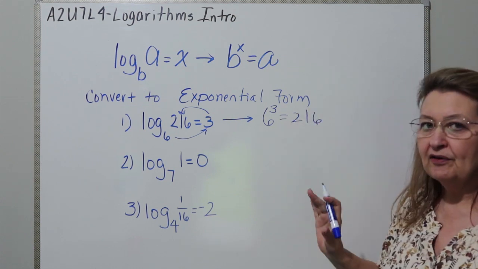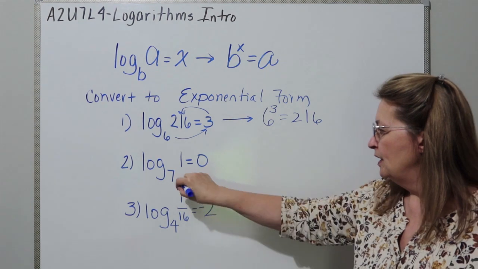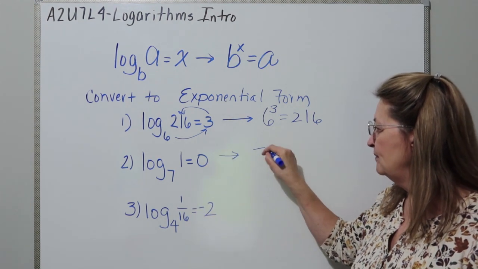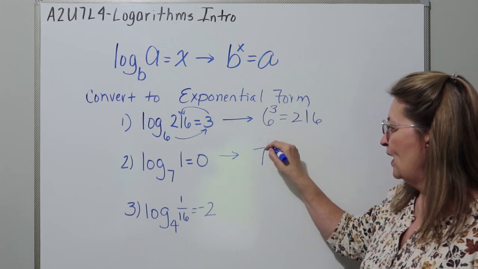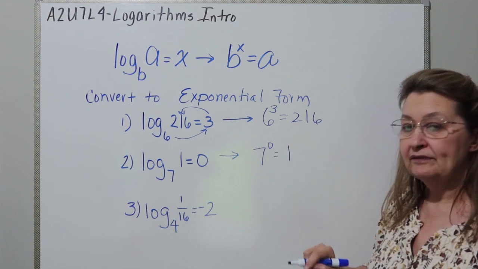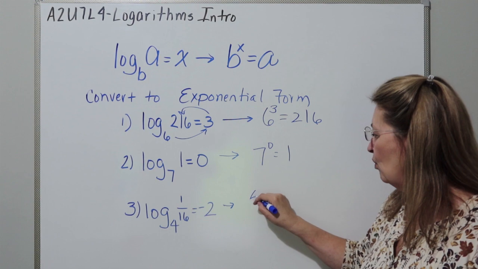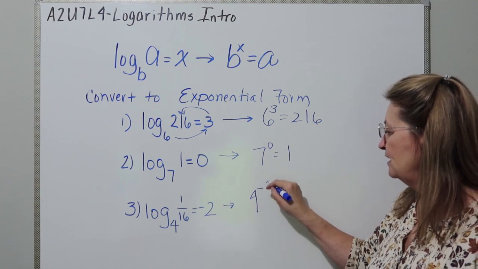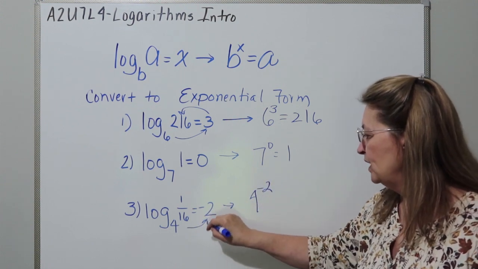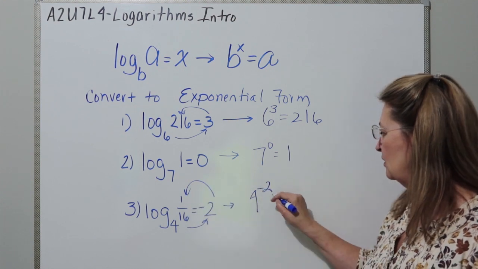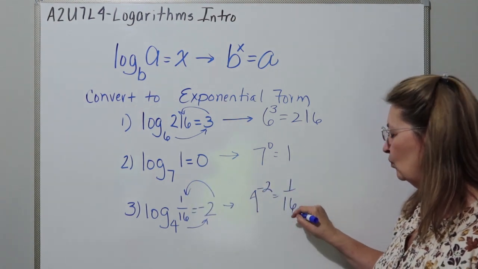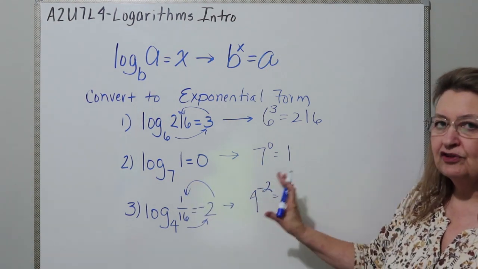That's all we're doing right now is converting from one to the other. So base 7 to the 0 power equals 1. One more conversion, a base 4 to the negative 2 power, see I'm swinging over, equals 1/16. That's all we're doing is translating.